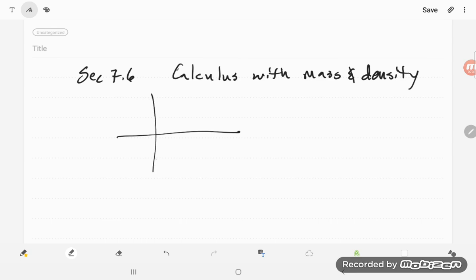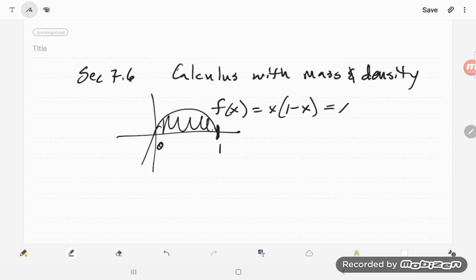something pretty simple. I have that area, and we'll say there's 0, there's 1. This is some function f of x that is maybe x times 1 minus x, or x minus x squared.